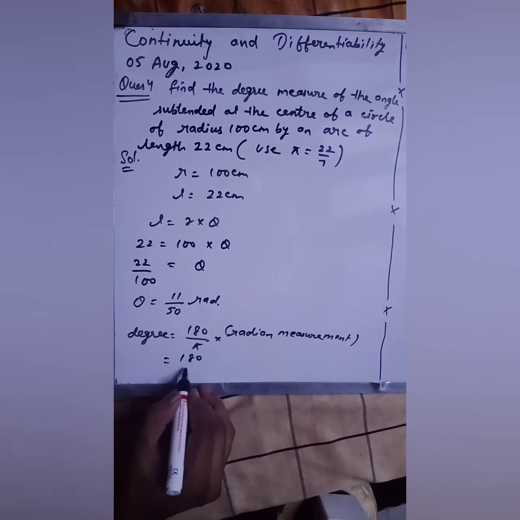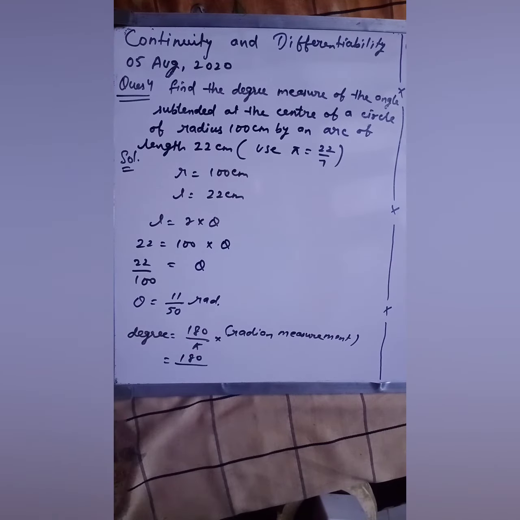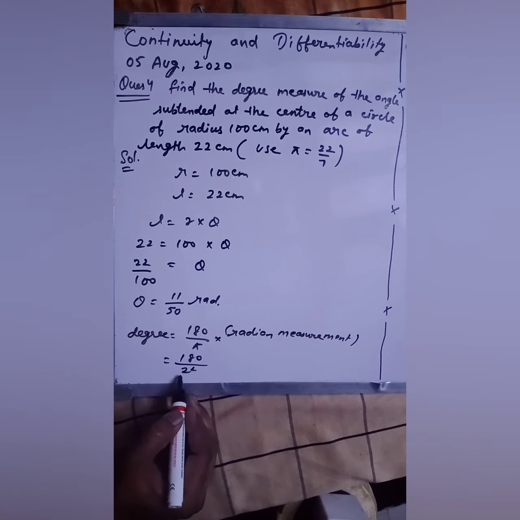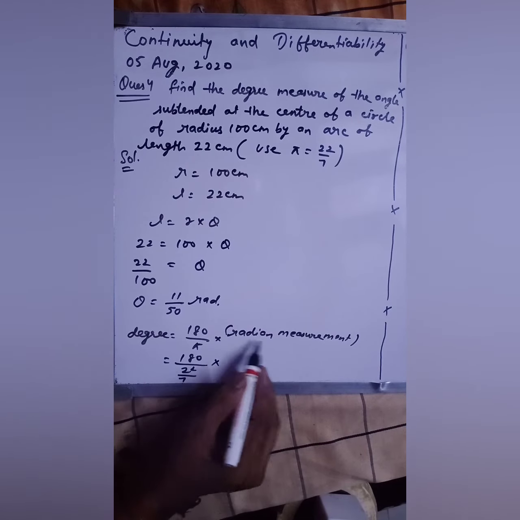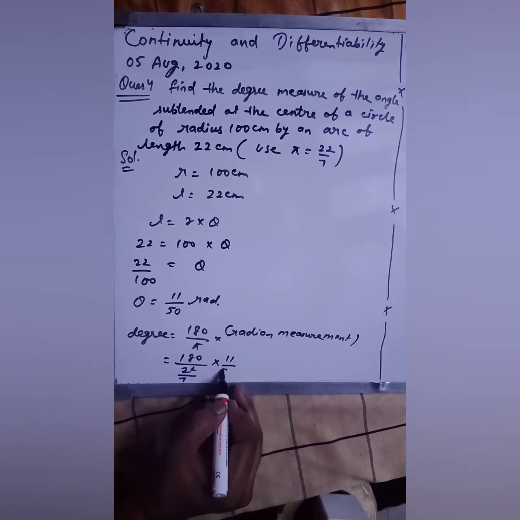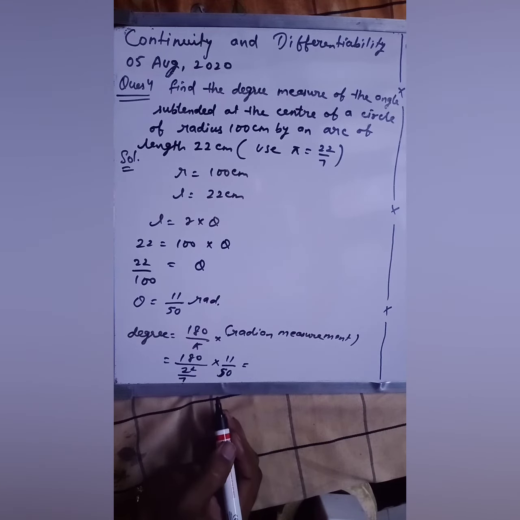So in place of pi you have to use 22 by 7, into this, which is 11 by 50.